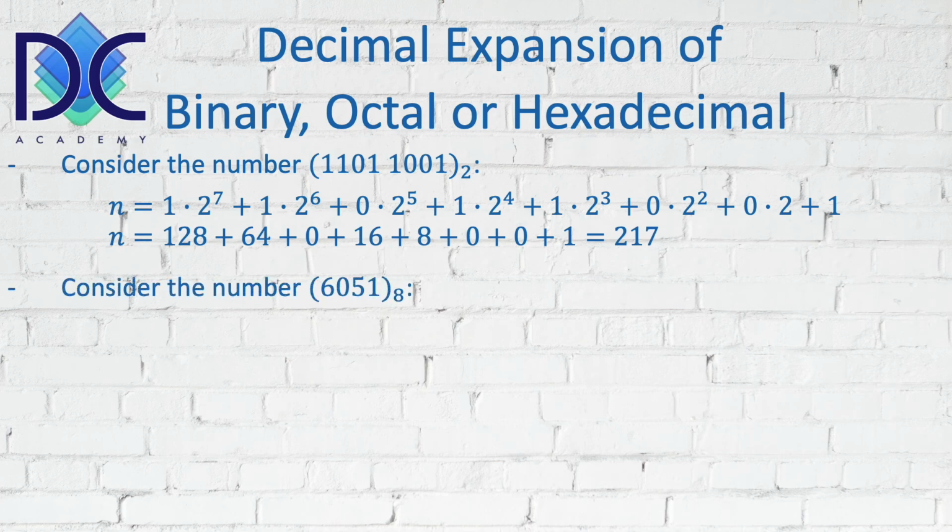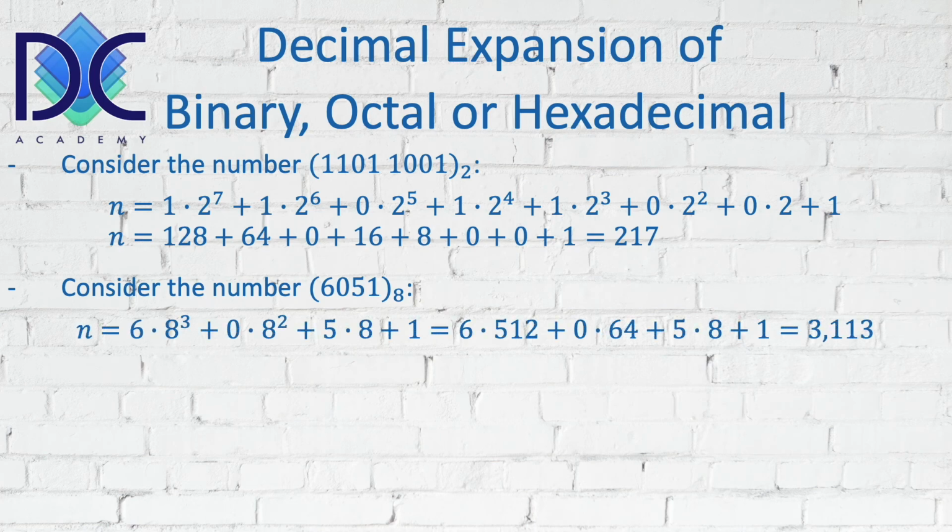Now we can look at a number in octal expansion, which is 6051. So you see it can be confusing here that this number would be a decimal number, but the fact that we have the index 8, we know that we have an octal expansion. So what we're going to do now is we have 4 numbers. So the first one is 6 times 8 to the power 3 plus 0 times 8 to the power 2 plus 5 times 8 plus 1.